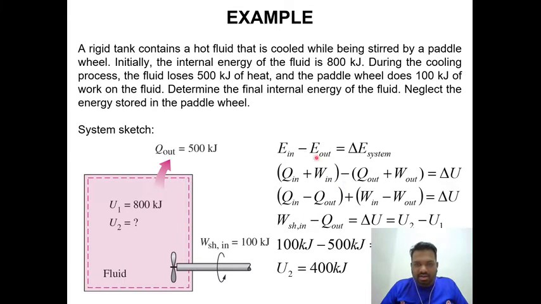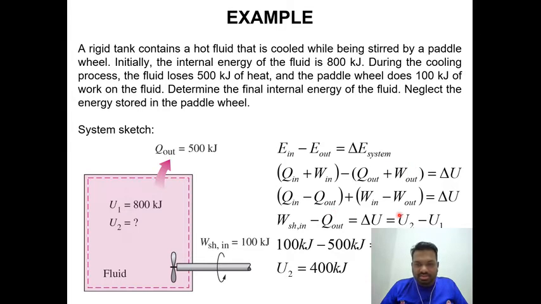This is the formula: E in minus E out equals the change of energy in the system. We write back all the formula. We only consider Q in and W in. Since it is a closed system, there is no mass entering or leaving the system, so you will have this equation.